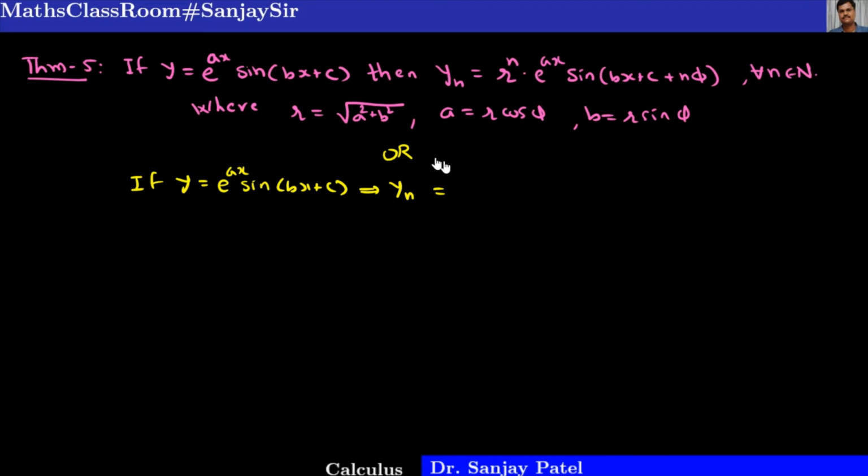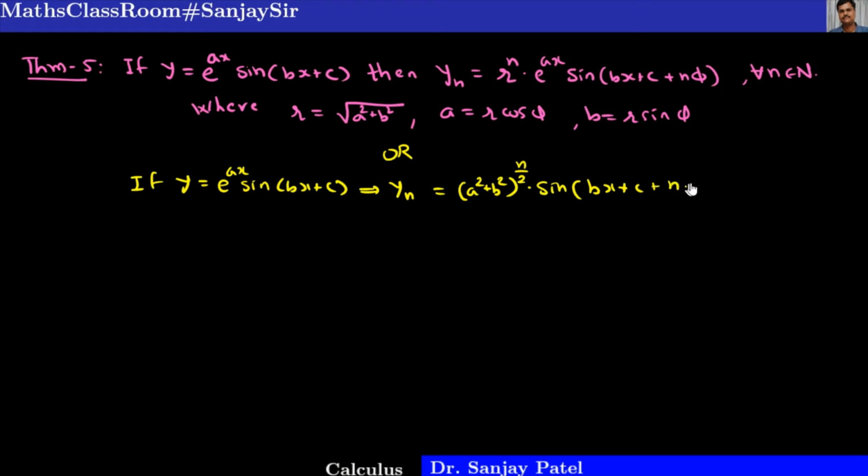So r is a square plus b square raised to 1 by 2, and then raised to n is also there here. So r raised to n will be a square plus b square raised to 1 by 2 raised to n, that gives us n by 2, into sine of bx plus c plus n into phi.